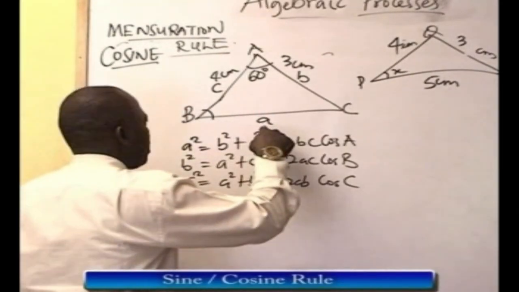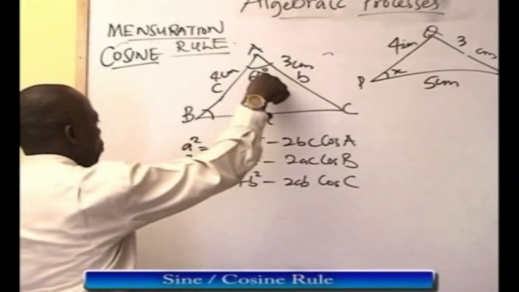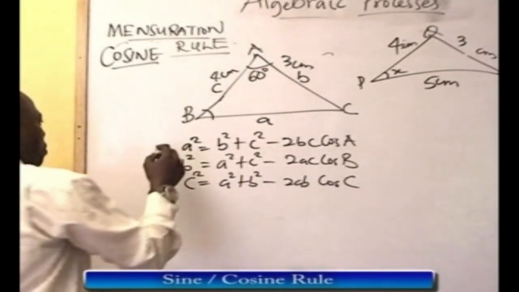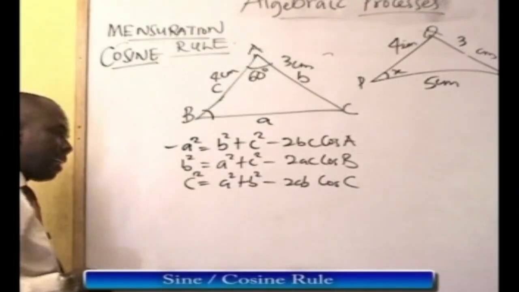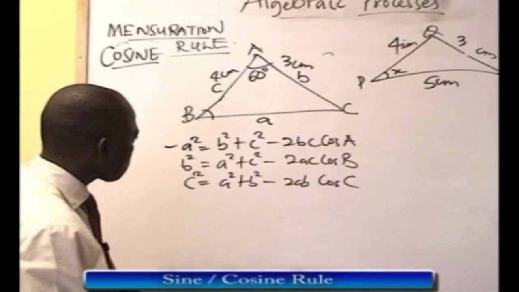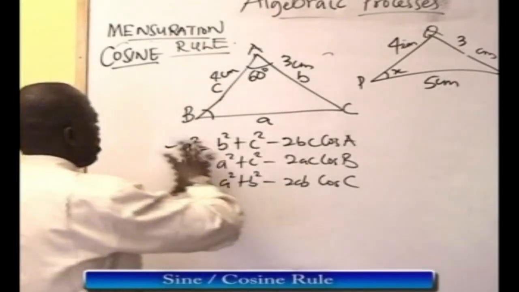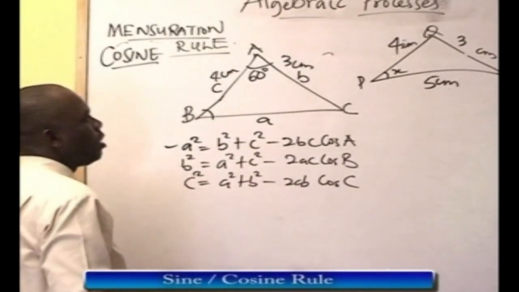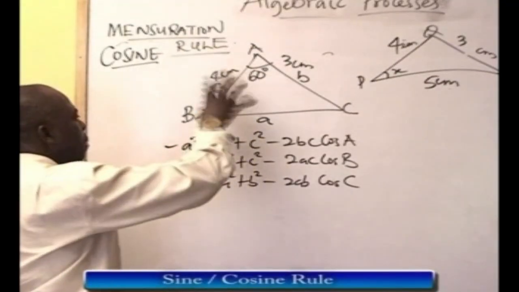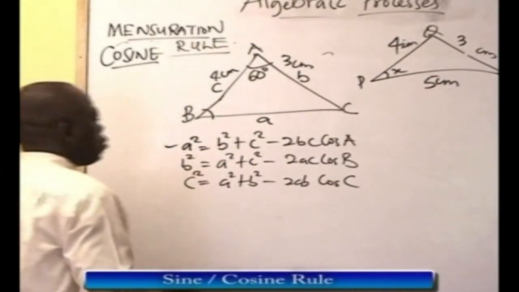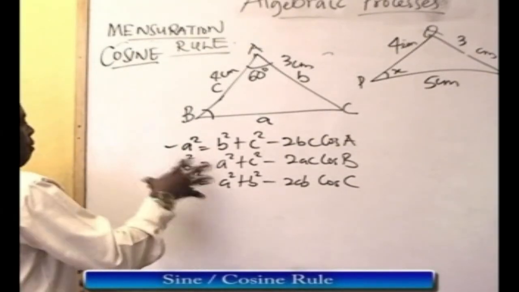So this one is small a, this is small b, this is small c, and this is angle A. For this equation, we'll use the first one. Let me repeat: the examples we're given are just a prototype. When you meet your questions, the triangles may not be labeled A, B, C. So you must know how to manipulate this formula.